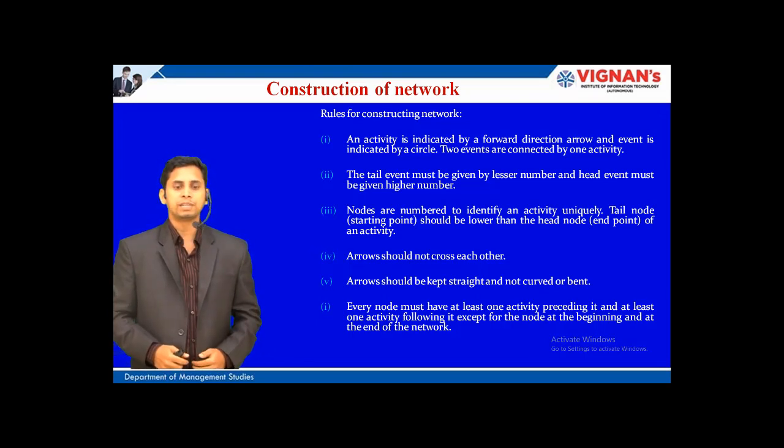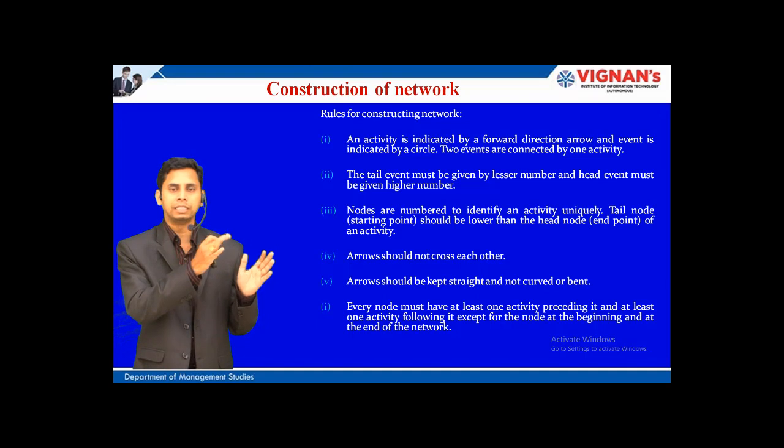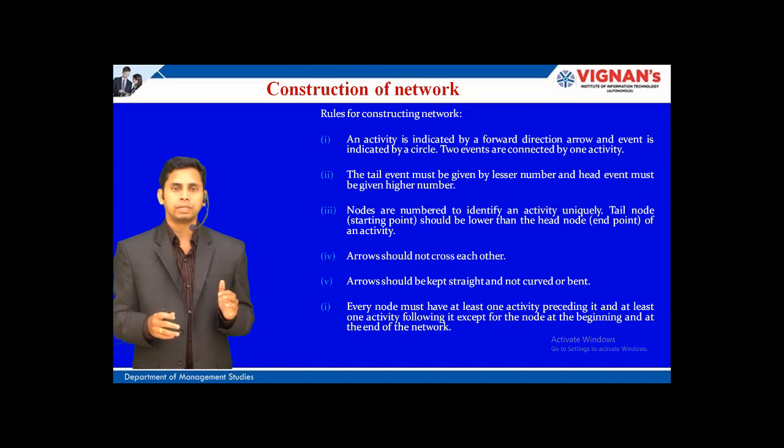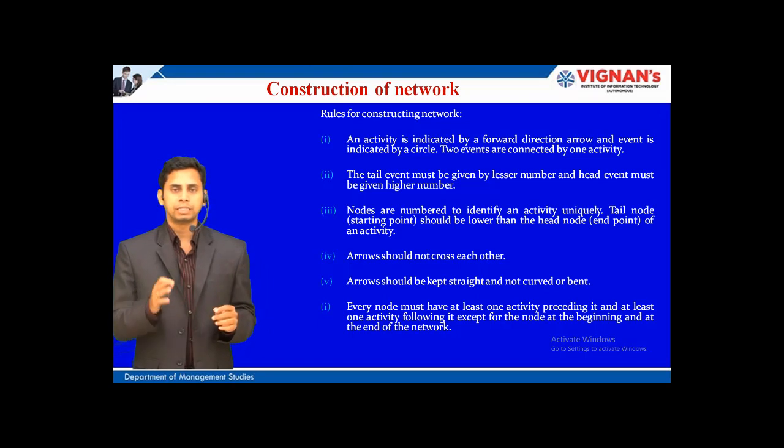And the tail event must be given a lesser number than the head event. So, event is indicated in a circle, where this circle, the tail event, must be given a lesser number than the head event. And the nodes are numbered to identify an activity uniquely.